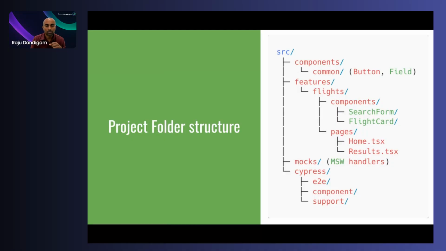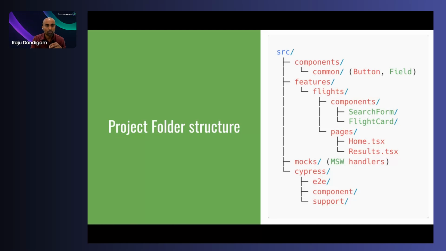The folder structure looks something like this. I have some common components at the root level, like buttons and dropdowns. Then I have the features, which is flight booking, with the components related to flights, and pages for the home page, results page, and checkout page.